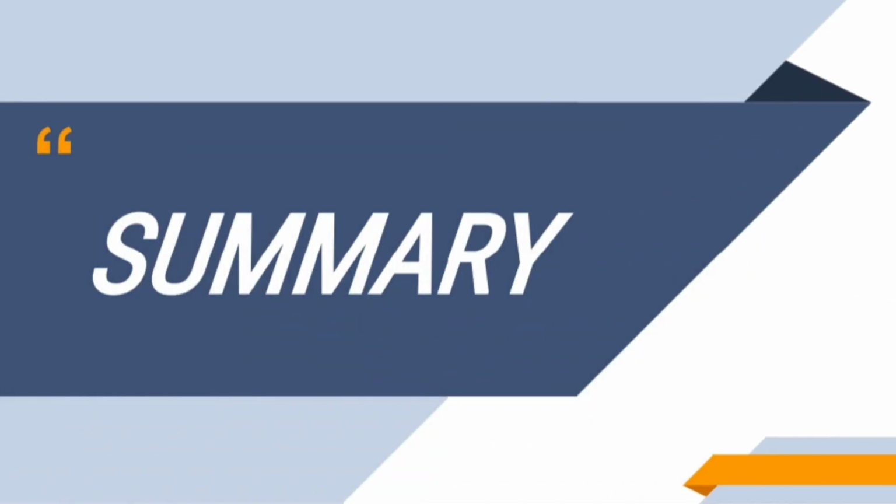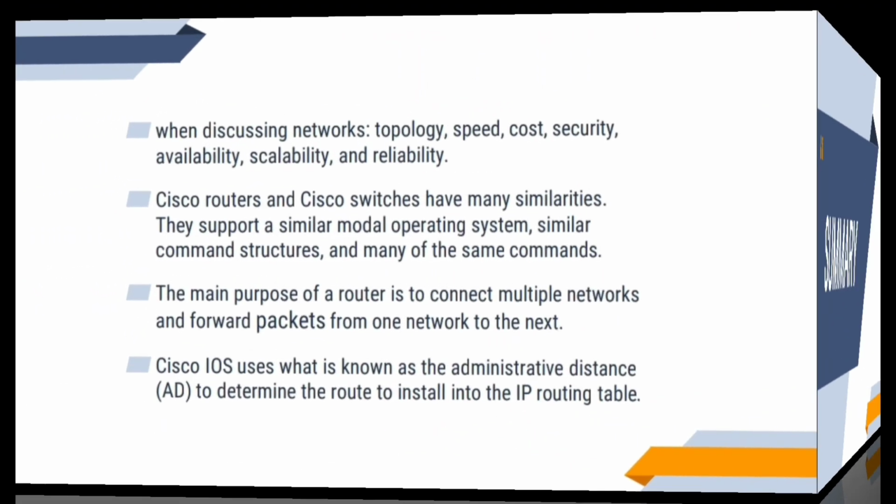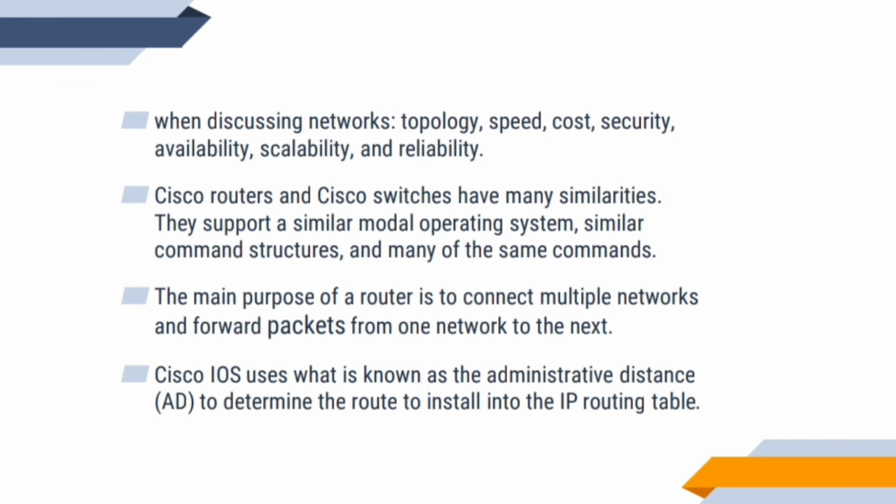To sum up everything in this chapter, here is the summary. When discussing networks, topology, speed, cost, security, availability, scalability, and reliability are mentioned often. Cisco routers and Cisco switches have many similarities.